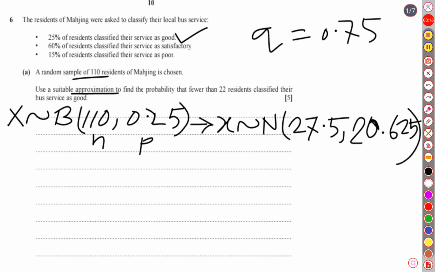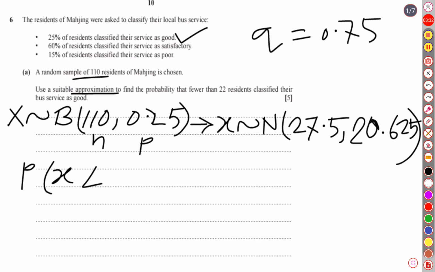Well, now they have told us to use a suitable approximation to find the probability that fewer than 22 residents. Fewer than means less than 22 residents.